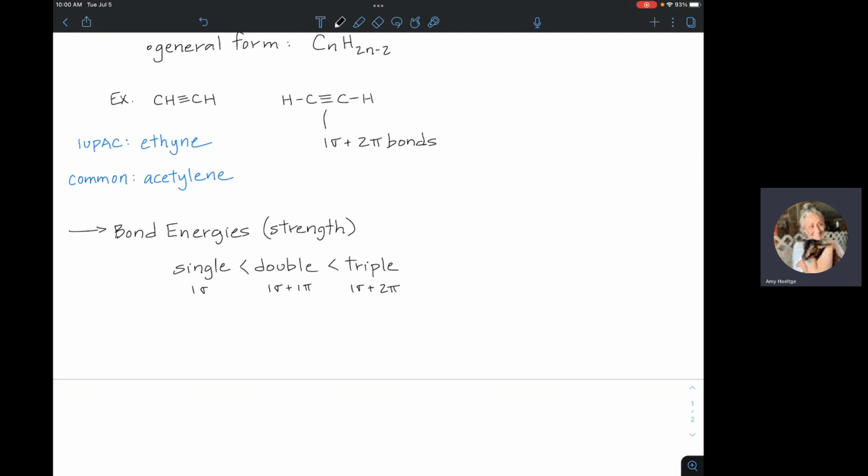They're weaker than sigma bonds, but we've got a sigma plus 2 pi. So the triple bond is going to be shorter, higher in energy, and harder to break than a double bond, which is shorter and higher in energy than a single bond. When we do chemistry with alkenes and alkynes, we're actually doing chemistry with the pi electrons, those unhybridized p electrons, because those bonds are weaker. They're easier to break. So we're going to use these molecules as a source of electrons.